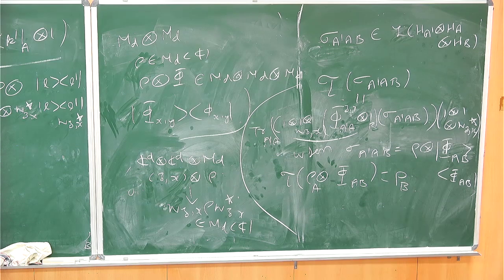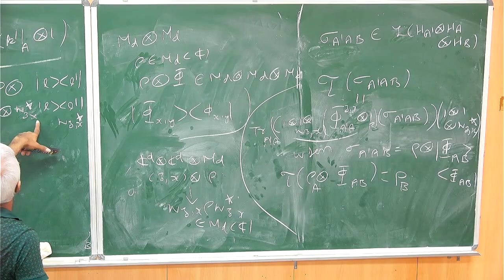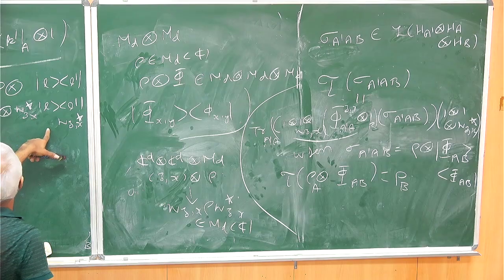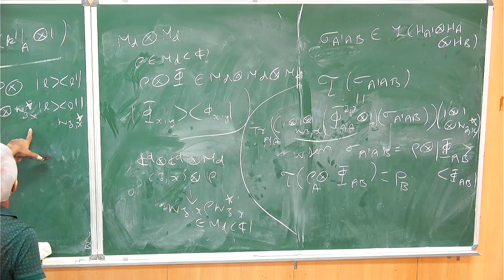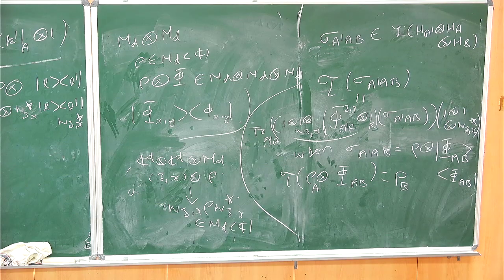And then there is an inner product of W ZX of this K prime, ZX star. That's right. You have this vector, and this vector has gone. There is a row somewhere, no?